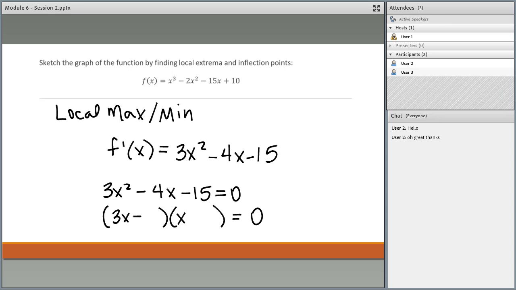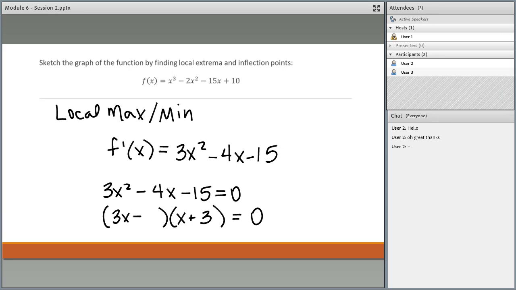And it's possible that we might have to switch this after, but I usually just bring down the first sign and then what's the second sign going to be? Good. I have a negative 15, so a negative times a positive would give us a negative. And factors of 15 that will give me a negative 4 in the middle.